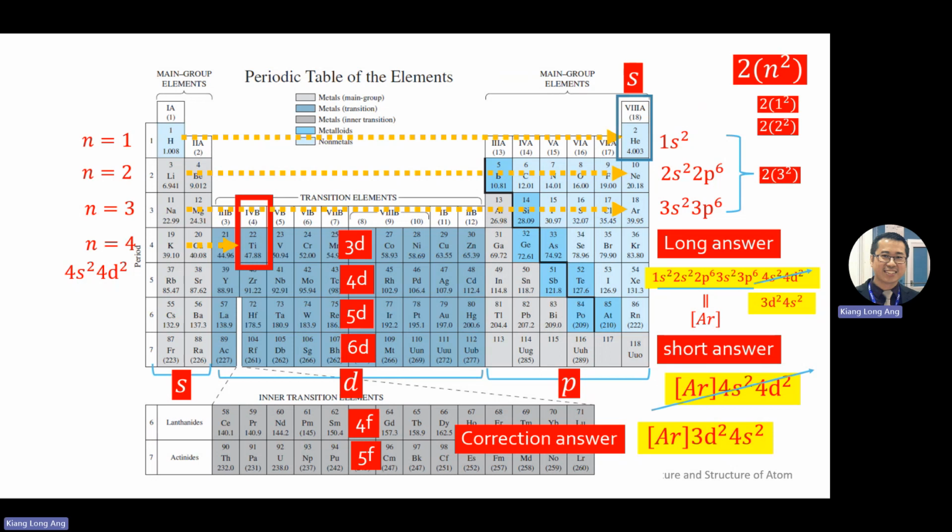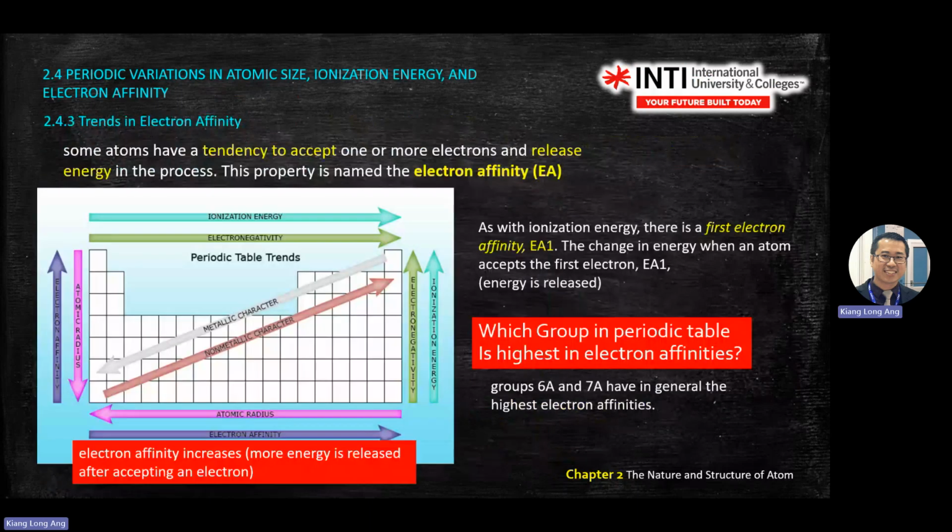And this one is d4, d5, d6, and so on. Okay, so you have this one. Go back to the diagram.